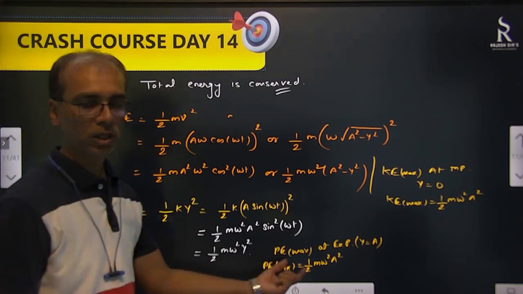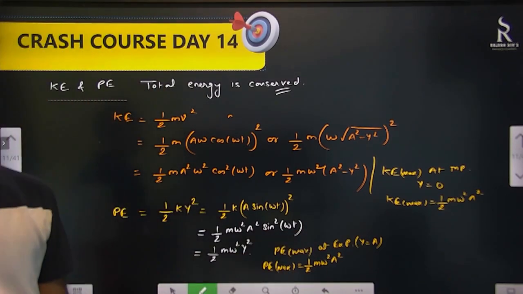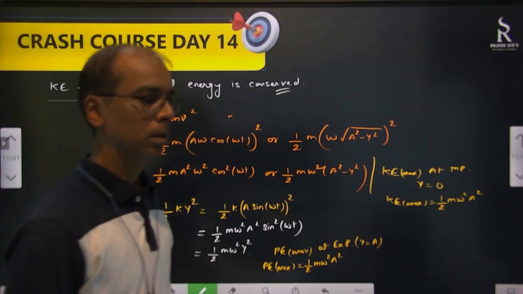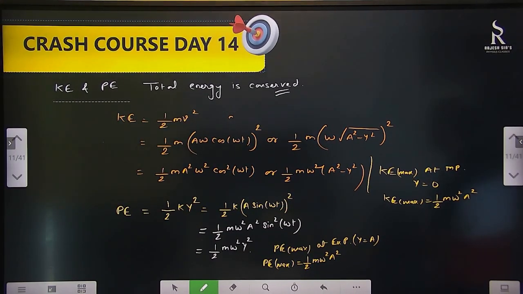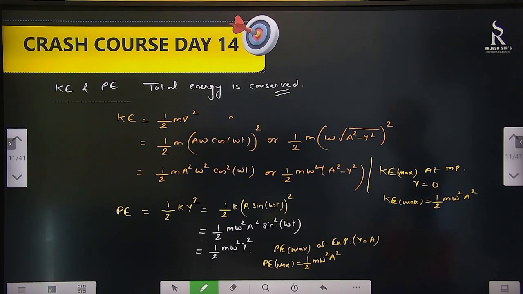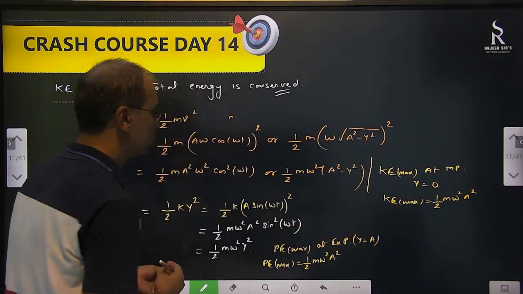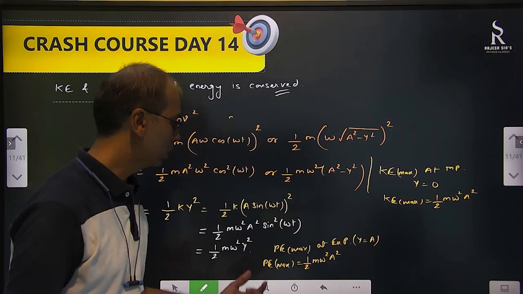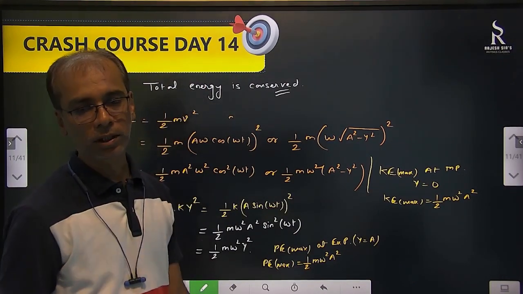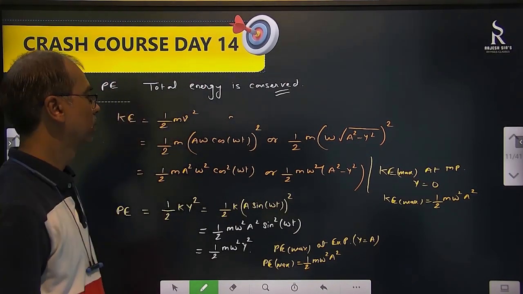So this is potential energy maximum, this is kinetic energy maximum. Both obviously have the same value, they have to. So when kinetic energy is maximum, potential energy is 0. When potential energy is maximum, kinetic energy is 0. Clear? Let's come back.